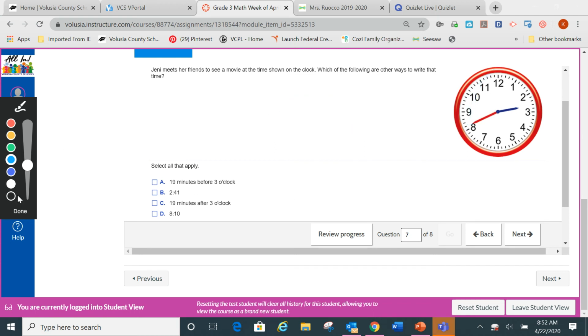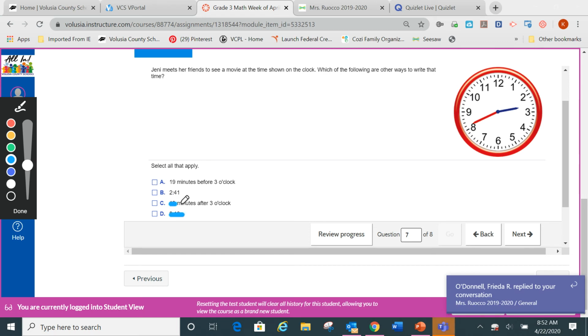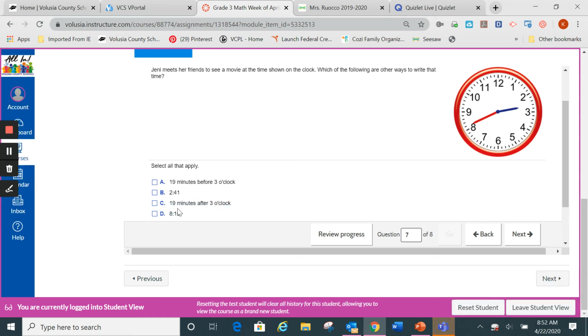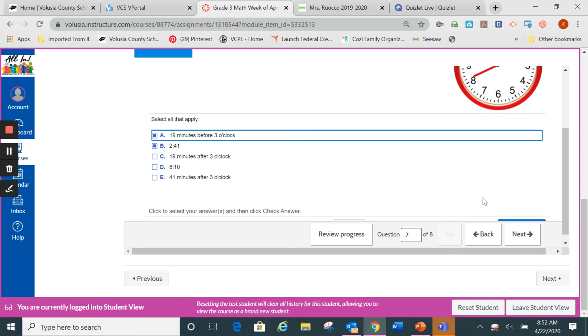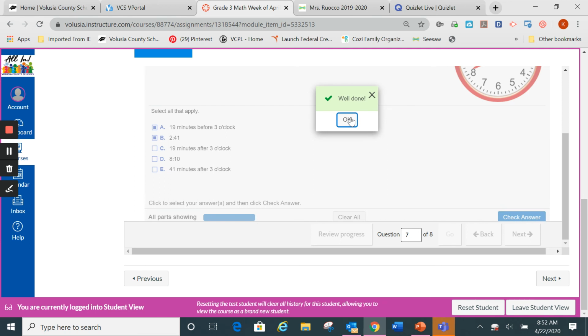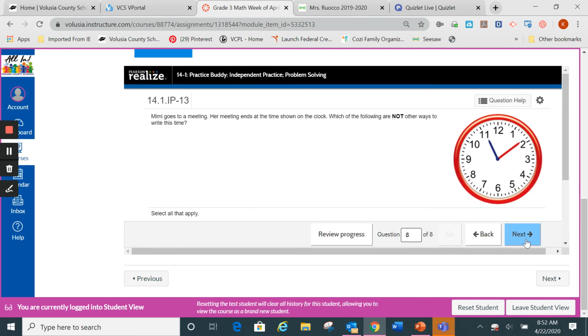So I can eliminate this, and I can eliminate after 3 o'clock because it's not. So my answer choices are 2:41 and 19 minutes before 3 o'clock, because it says select all. I'm going to go down and check. Awesome job again. Let's move on.